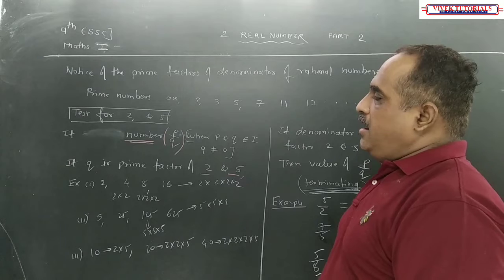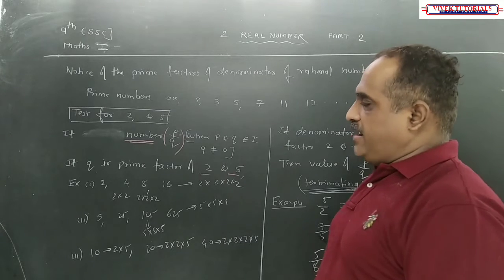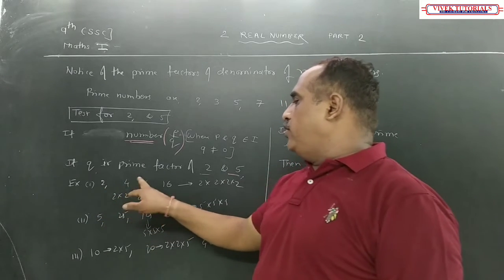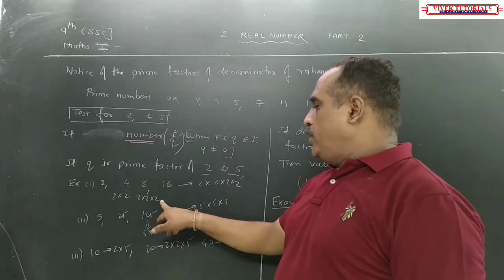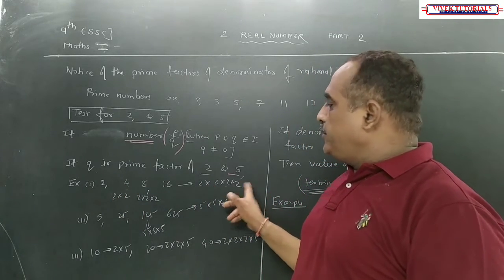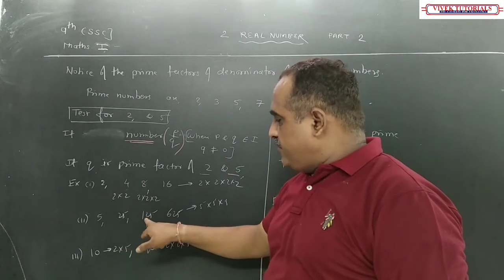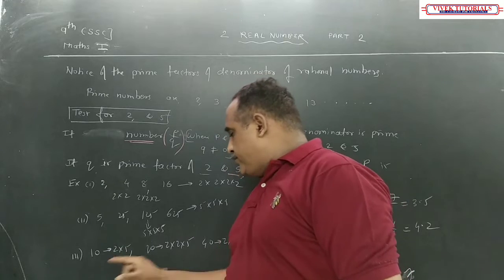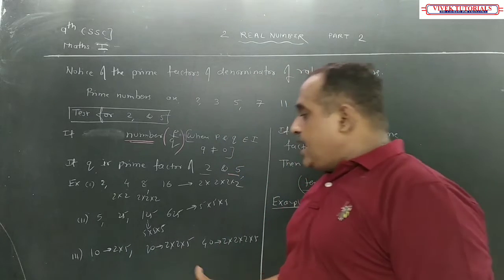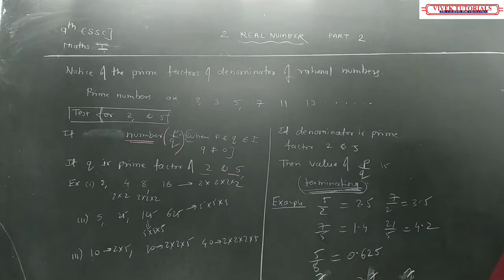Like for 2: 2, 4, 8, 16. 4 is 2 into 2, 2 into 2 into 2, 2 into 2 into 2 into 2. 5, 25, 125, 625. And 10 is 2 into 5. 20 is 2 into 2 into 5. So we need such numbers as factors in the denominator.